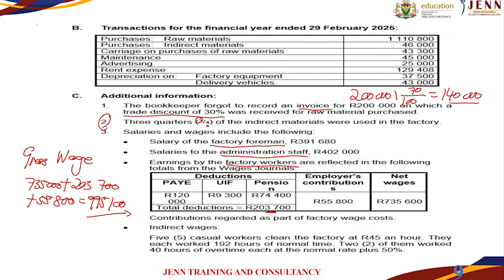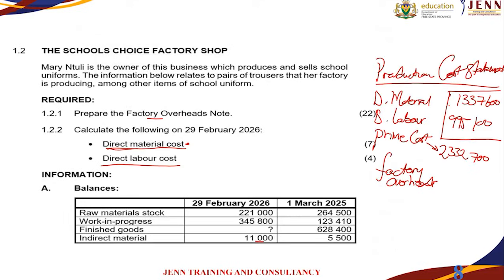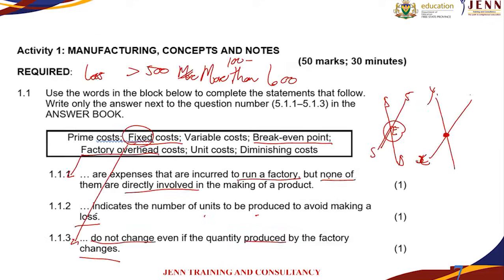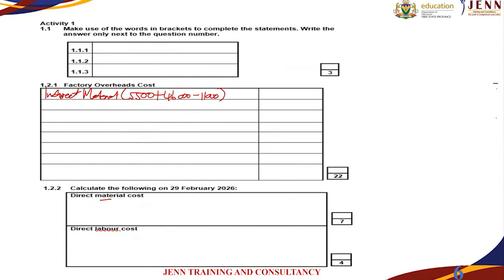So when we go to our calculation, we are going to say whatever has been purchased or used, the factory will take 3 over 4. So meaning what will be sent to the factory now will be 30,375.